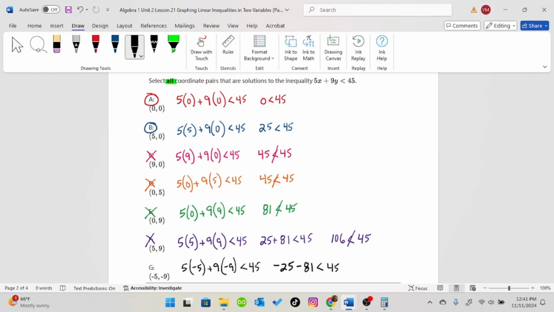And negative 25 minus 81 is negative 106, which is less than 45, so G is also a solution to the inequality. So A, B, and G are all point pairs that are solutions to the inequality.